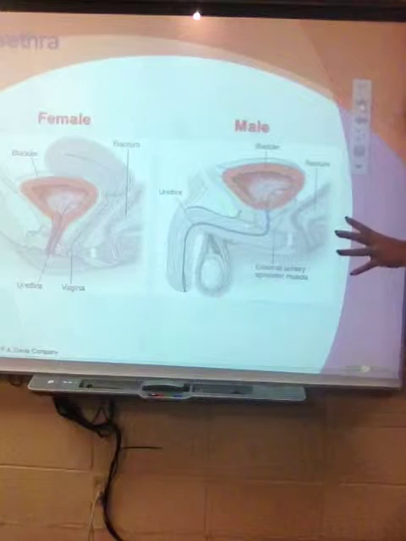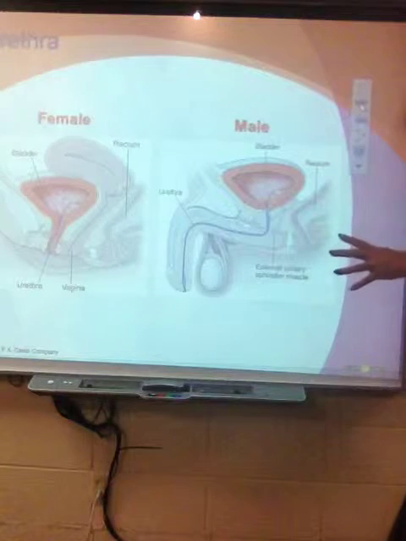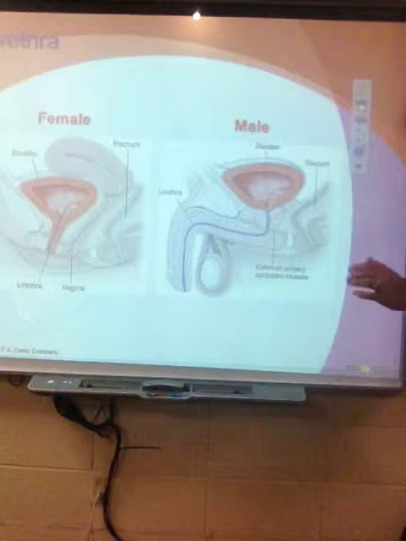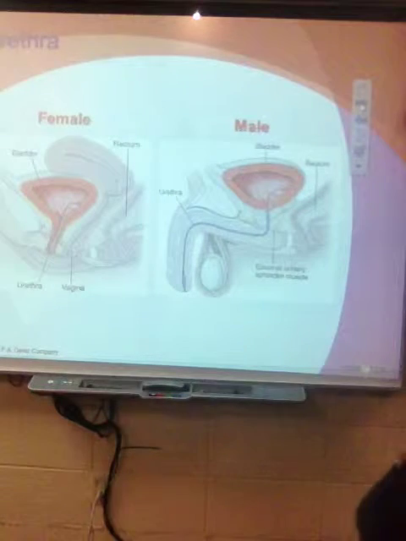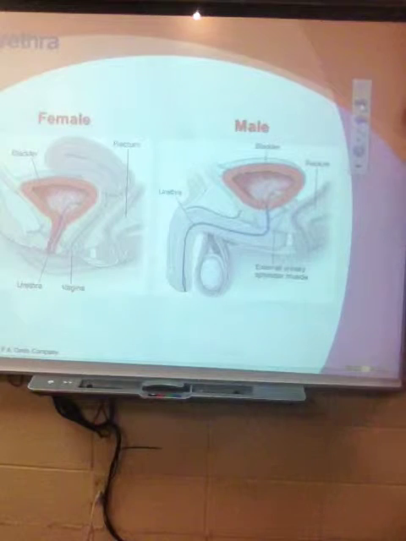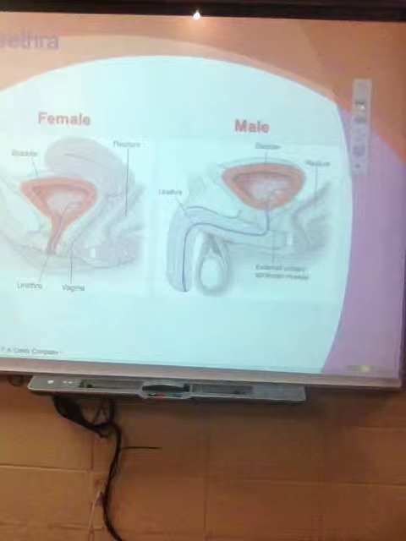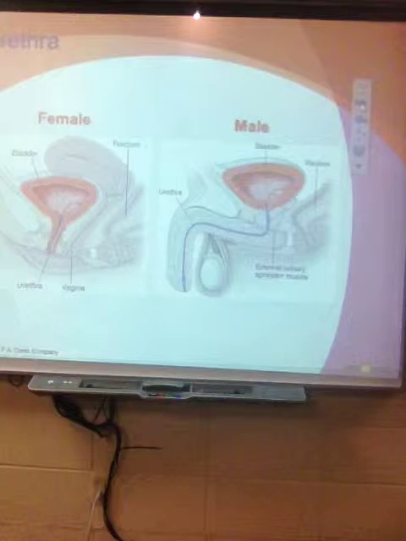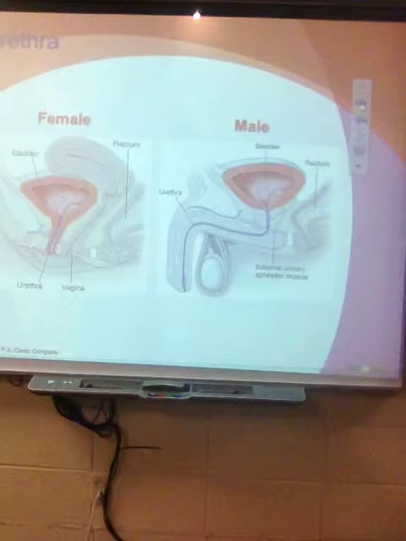And looking at both of these illustrations, why do you think females end up getting urinary tract infections more often than males? Direct entry. Not a direct entry, no. It's closer. That's the problem.